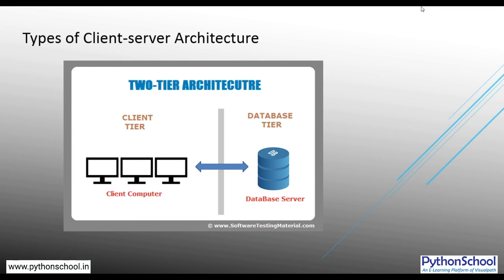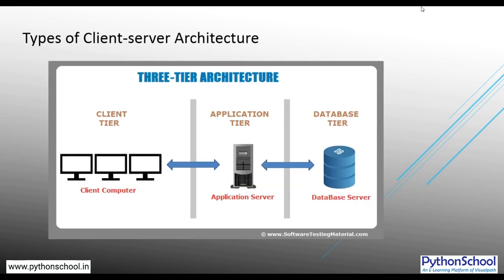In this diagram we see many client computers at the client tier and one database repository. The clients directly interact with the database server, and the server having the repository of data responds as per the request.